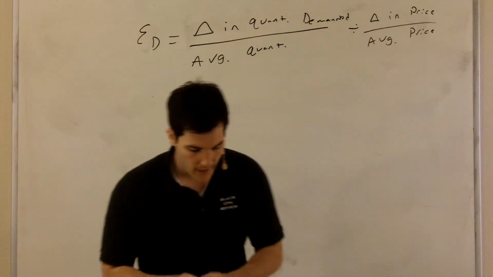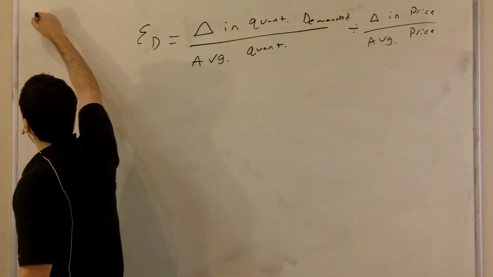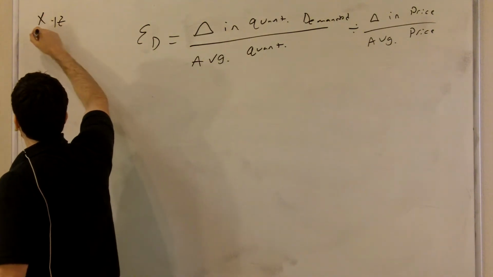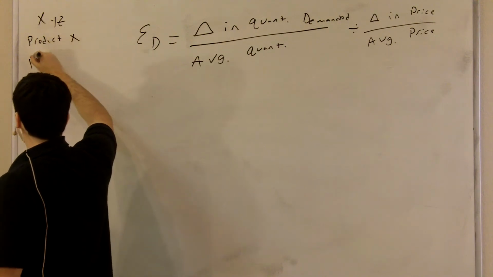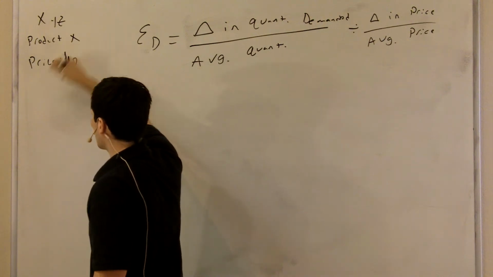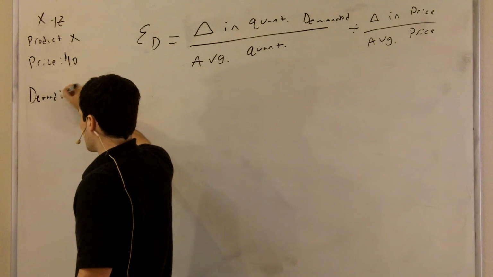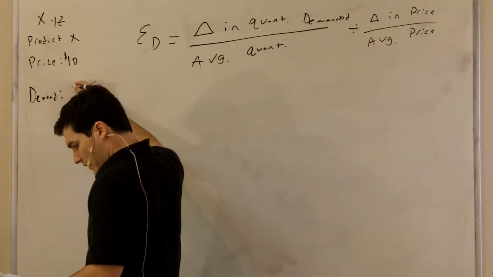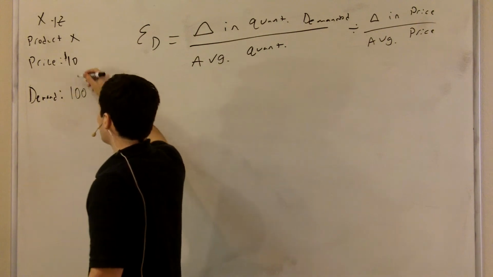All right, so what do we have here? We know XYZ sells product X at a price of $10 with a demand of 100 units, I'm sorry.